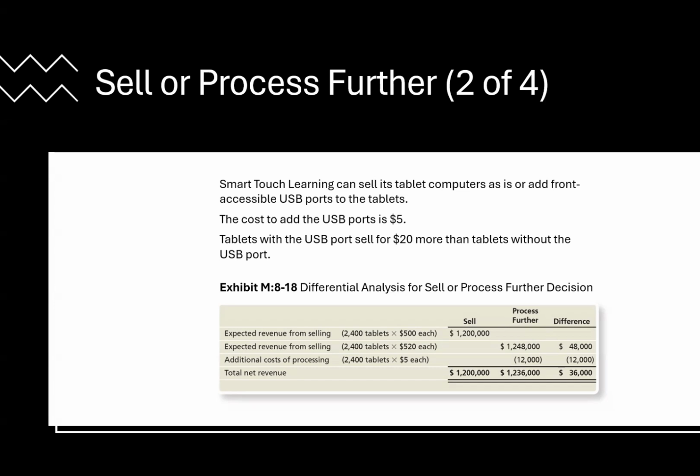If you process it further by adding those other features, the price of the tablet goes up by $20. So to process it further, you're looking at $1.248 million, and the difference is $48,000. The additional cost of processing at $5 more would be a negative $12,000.